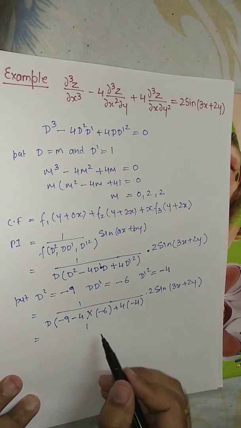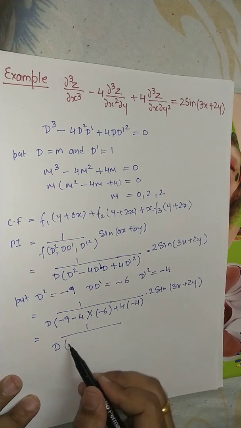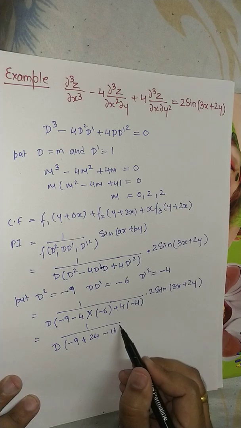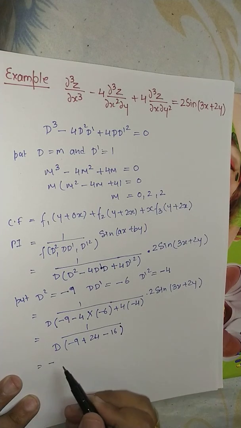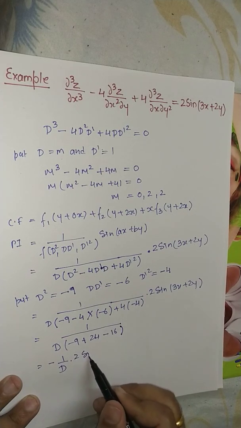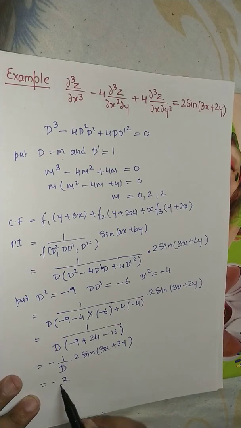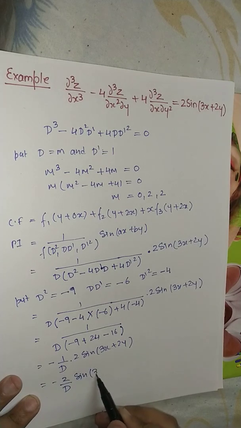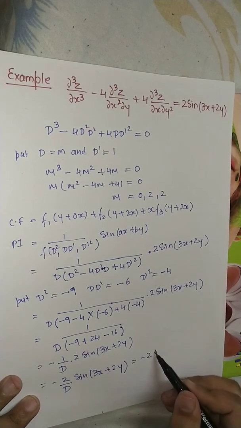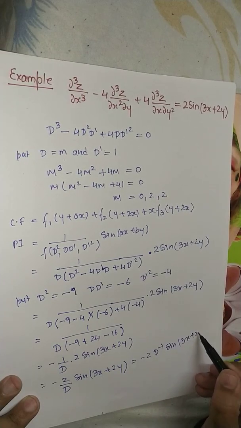So we can solve the constants down there. This is 1 upon D, minus 9 minus 24, this is plus 24 minus 16. So minus of 1 upon D dot 2 sine 3x plus 2y, which is minus of 2 upon D sine 3x plus 2y, can be written as minus of 2 D inverse, which is the integral of sine 3x plus 2y.